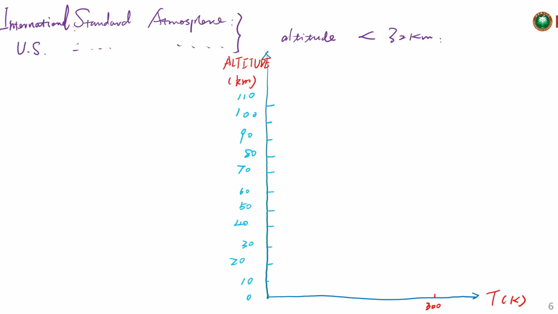After that, as the altitude increases, it decreases linearly, and then it stays constant as the altitude increases, and then it decreases.